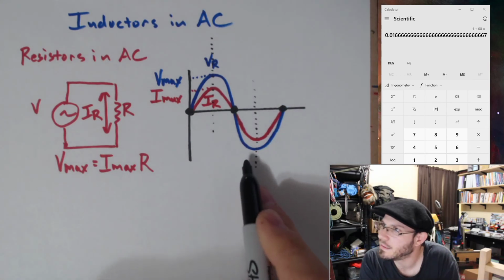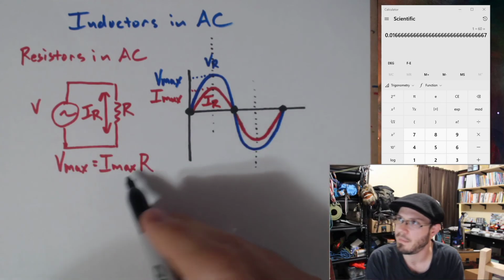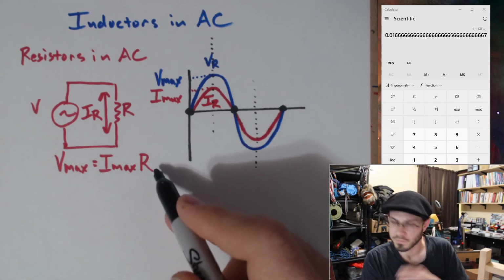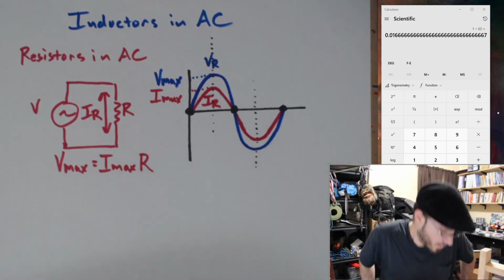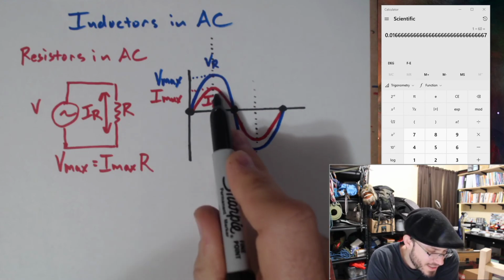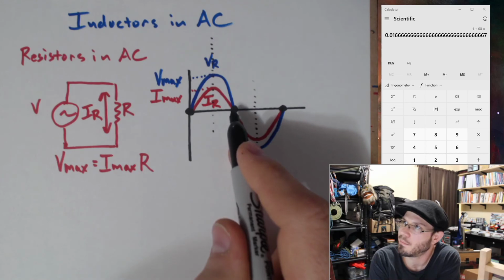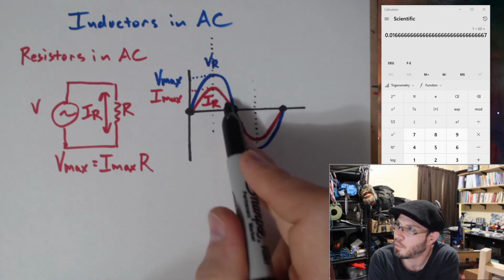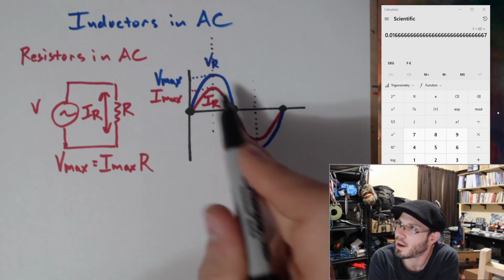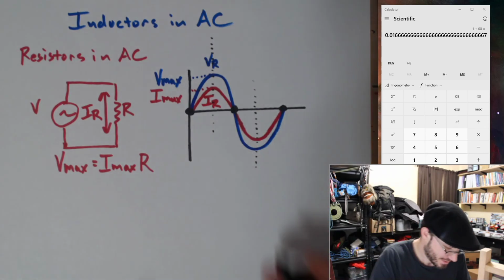Now this makes sense to me because the relationship over here, Vmax is equal to Imax times R. Now, because these both reach their max at the same point, they both cross the 0 at the same point, and they're proportional all along everywhere in between, we say that these are in phase.